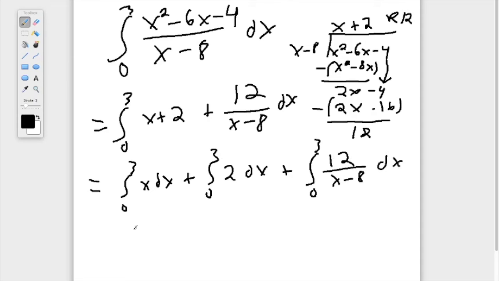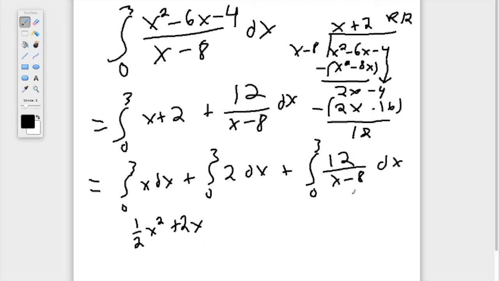So this would just be 1/2 x squared, because we have x to the first power, and then you're adding 1, that's 2, and then you divide by 2. And then you get 2x right here.